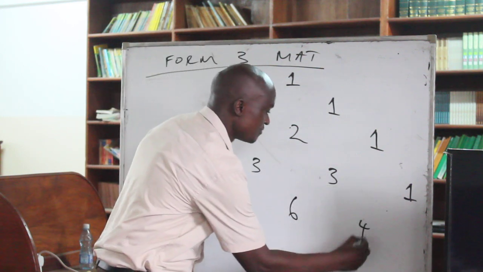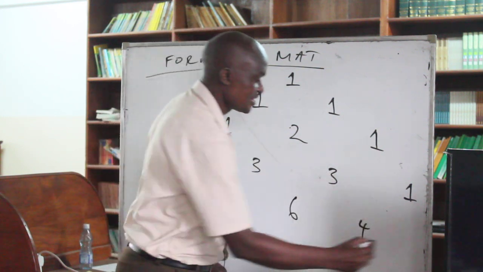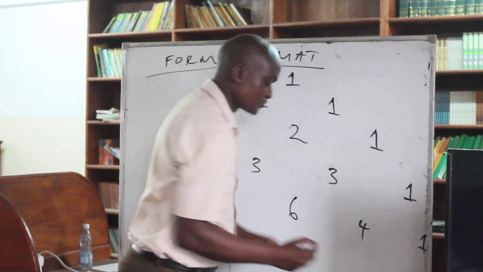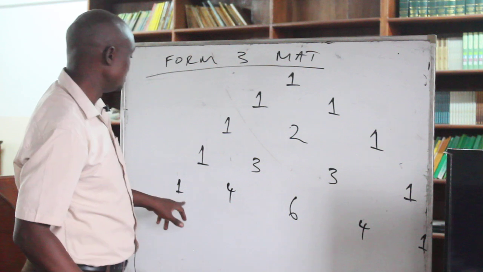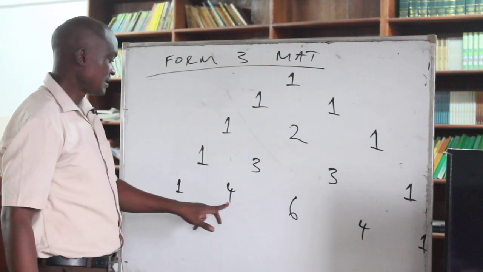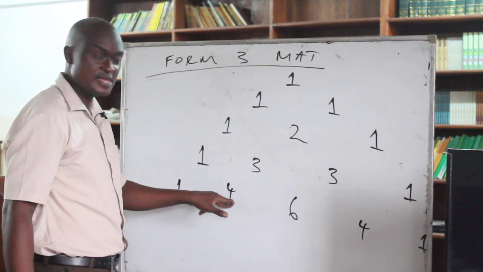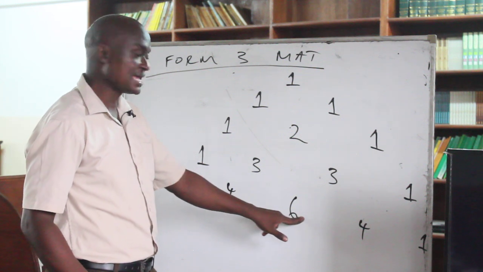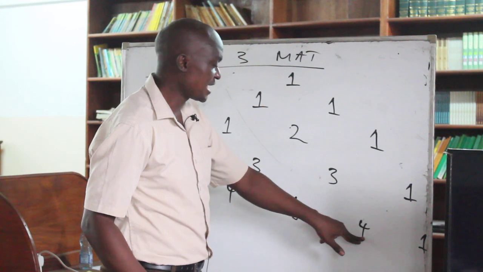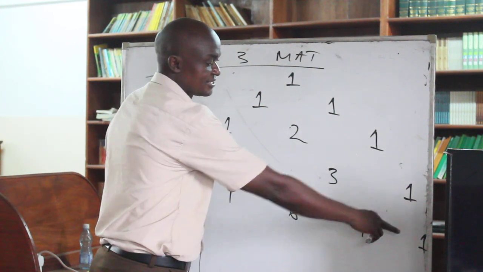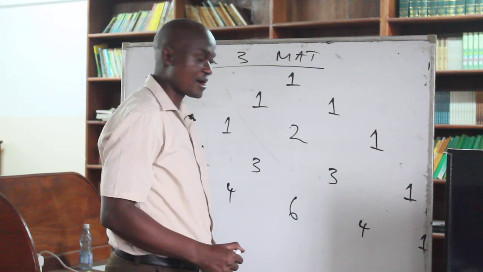And the last one will be 1. So when you're expanding a plus b raised to power 4, it should be a power 4 plus 4 a power 3 b plus 6 a power 2 b squared plus 4 a b power 3 plus 1 b power 4.